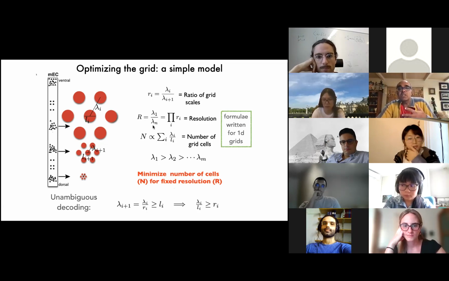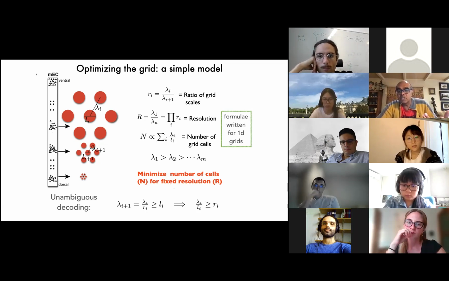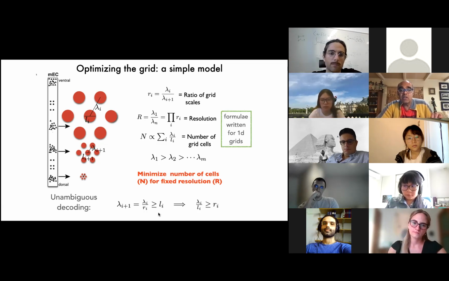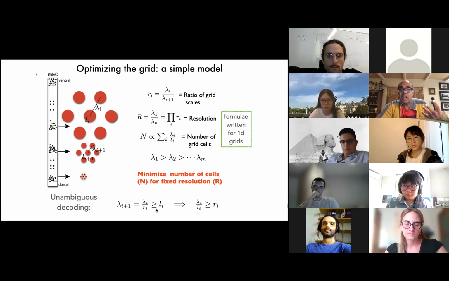I know the cost is going to increase with n, the number of grid cells. So our goal is to minimize the number of cells you use to make it as efficient as possible while keeping the resolution fixed. Well, we also have a constraint, and the constraint was that the width of the firing field at one scale should be less than or equal to the period at the next scale. Right? That was a constraint we set for unambiguous decoding.